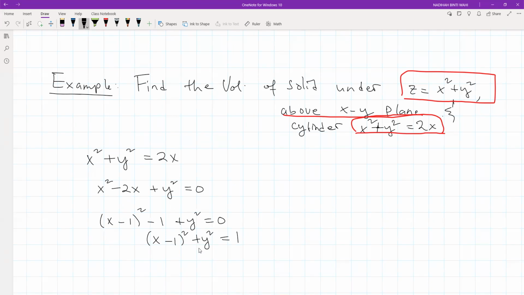Okay, so kalau saya buat macam ni, apa maksudnya? Maksudnya dia punya circle tu dia off daripada dia punya original O tu, titik O. So dia ke kanan sikit.